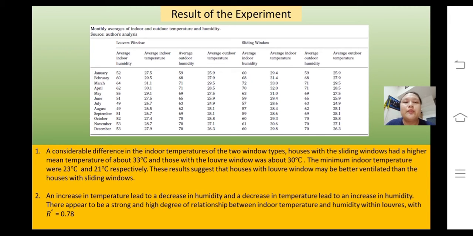An increase in temperature leads to a decrease in humidity, and a decrease in temperature leads to an increase in humidity. There appears to be a strong and high degree of relationship between indoor temperature and humidity within louvre with R squared equal to 0.78.